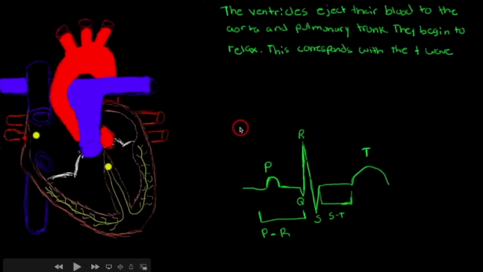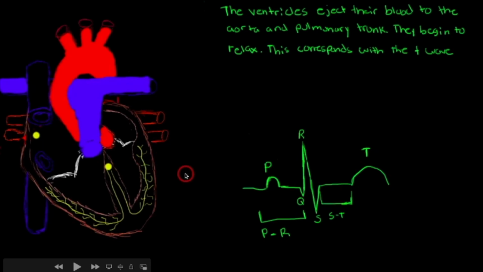So after the ventricles eject their blood into the pulmonary trunk and the aorta, the ventricles will begin to relax. And this is going to start ventricular diastole. And when the ventricles begin to relax, you see this wave appear, which is called the T wave. And this signifies, again, ventricular repolarization because the ventricles begin to relax, their pressure starts to decrease.